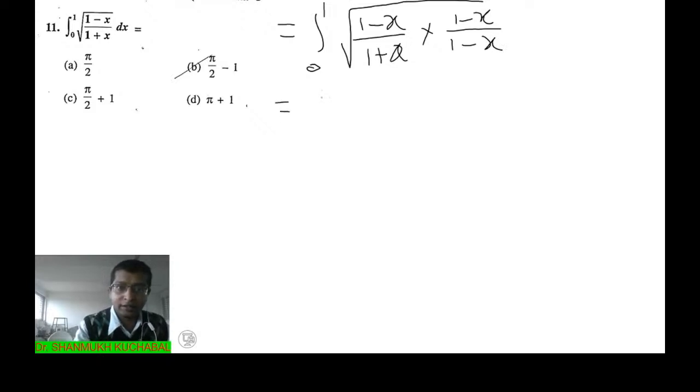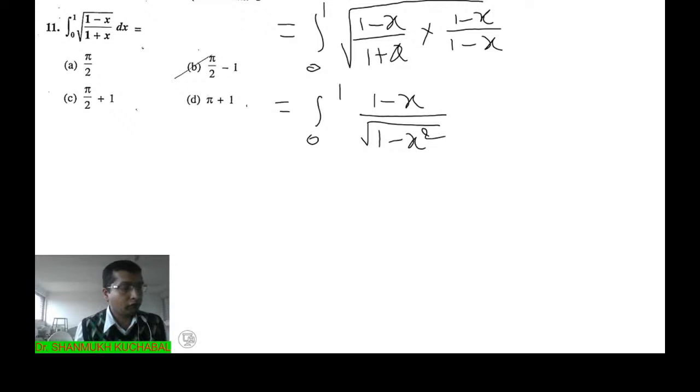So further it is integration 0 to 1, 1 minus x into 1 minus x, 1 minus x whole square. Square and square root get cancelled. We get the numerator as 1 minus x. And the denominator we get under the square root of a plus b into a minus b, 1 minus x square.